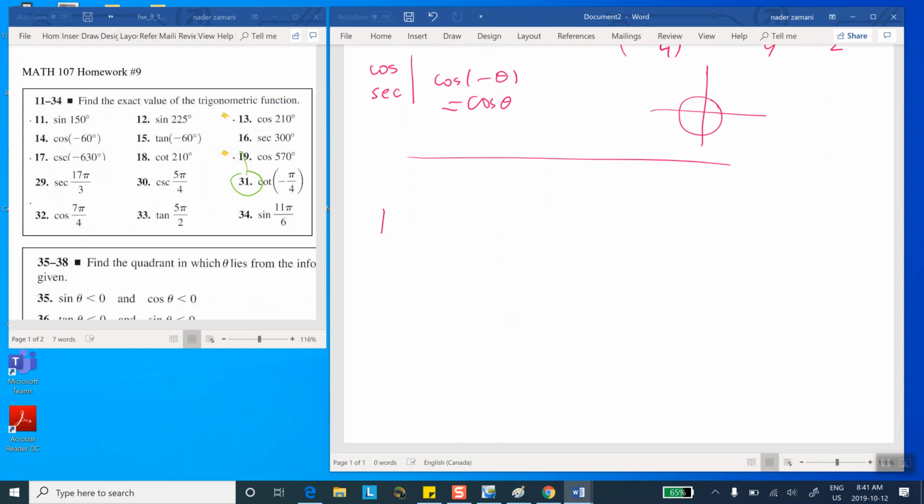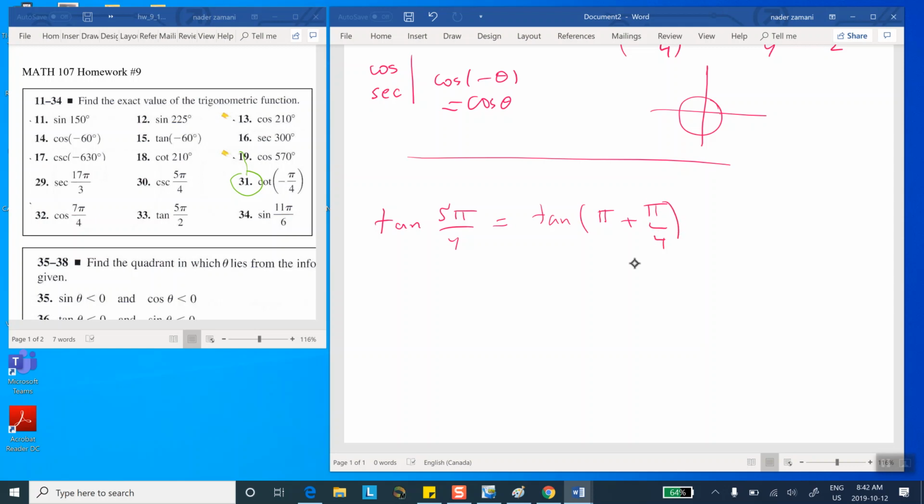So tangent of 5 pi over 4, I'm going to write this thing as tangent of, for example, pi plus pi over 4, right?